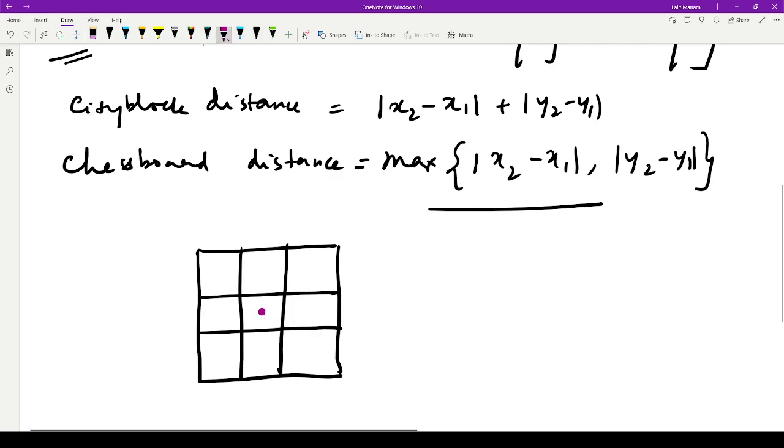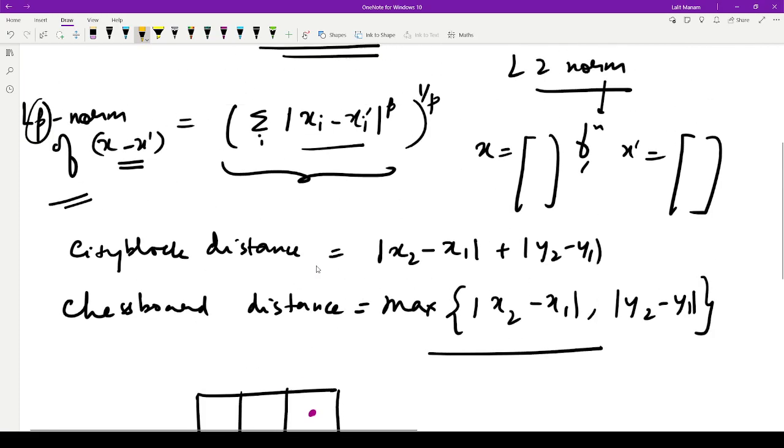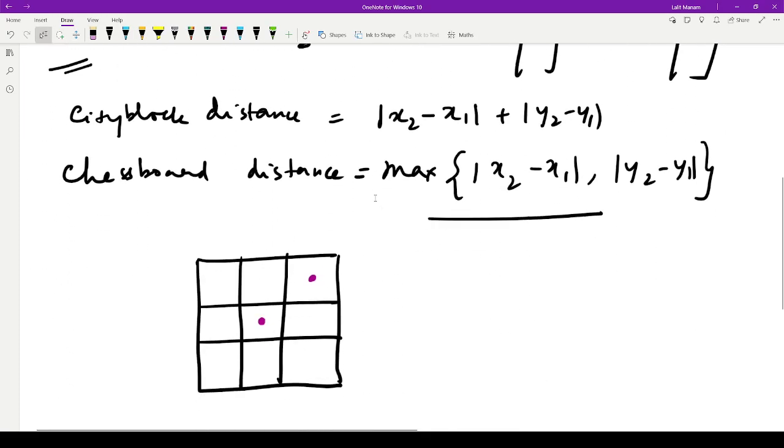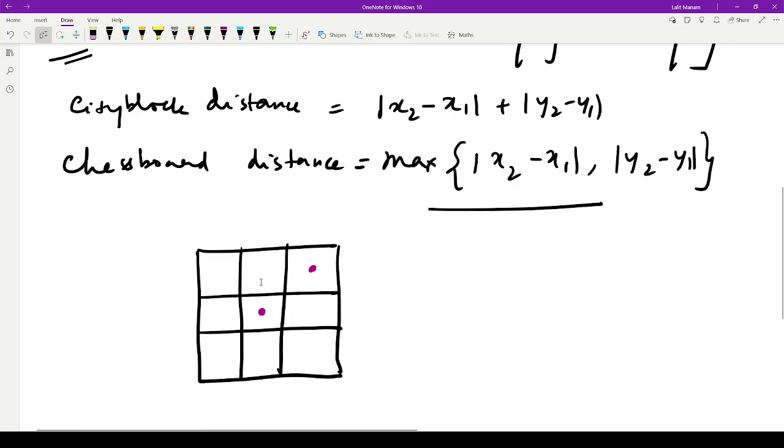Given point A and point B, what would be the Euclidean distance? If you understand this formula geometrically, what does this mean? Diagonal distance, yes, diagonal, fine.